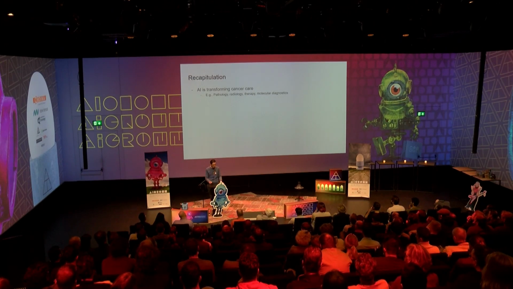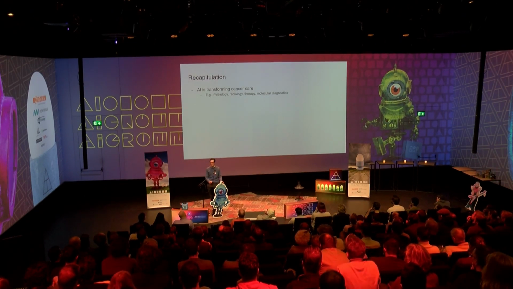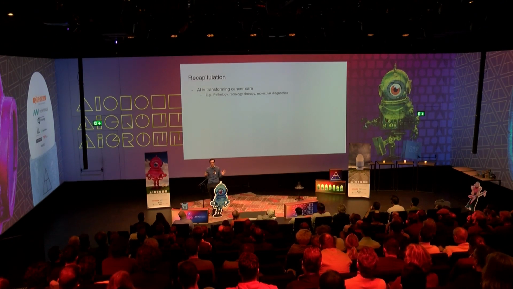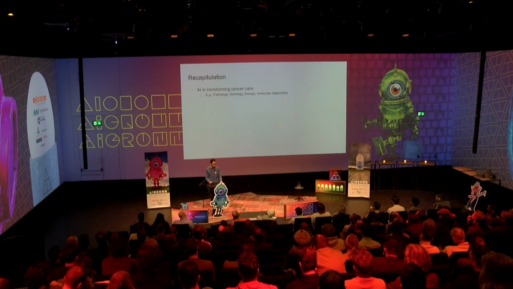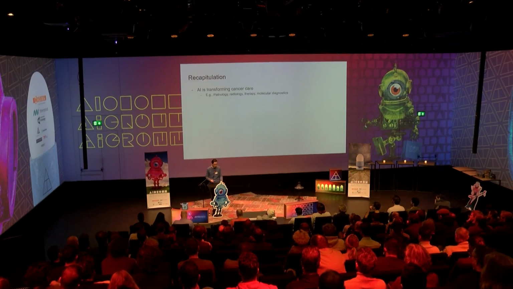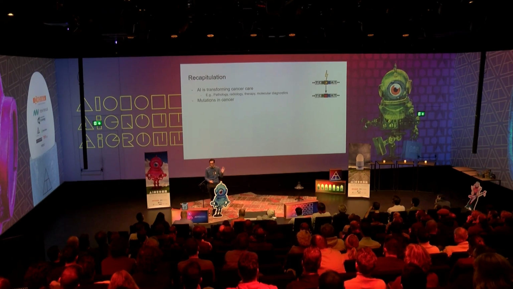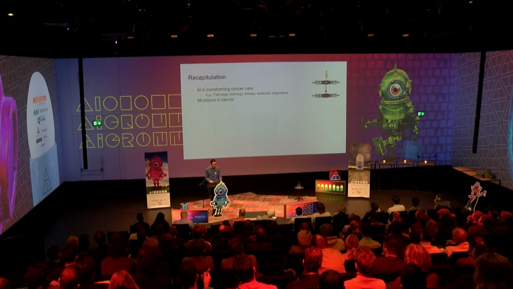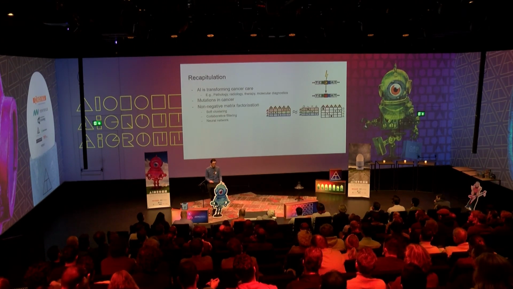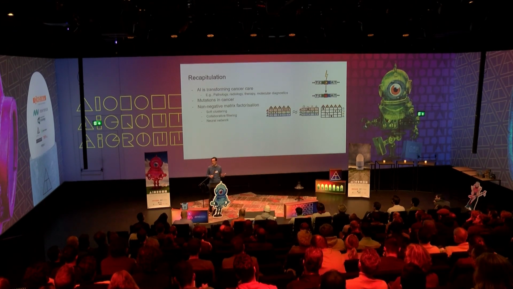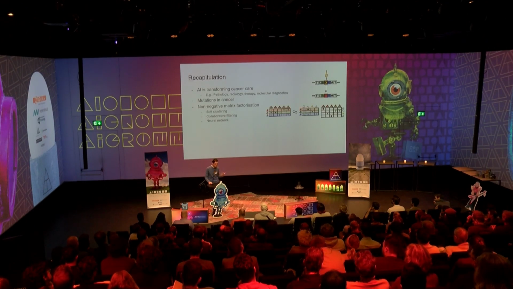And so this summarizes my talk. There are many places where AI is transforming care. I think the only place it's not really transforming healthcare is the actual nursing part, but every other aspect will be transformed. We briefly talked about mutations in cancer, and we used non-negative matrix factorization to analyze them.